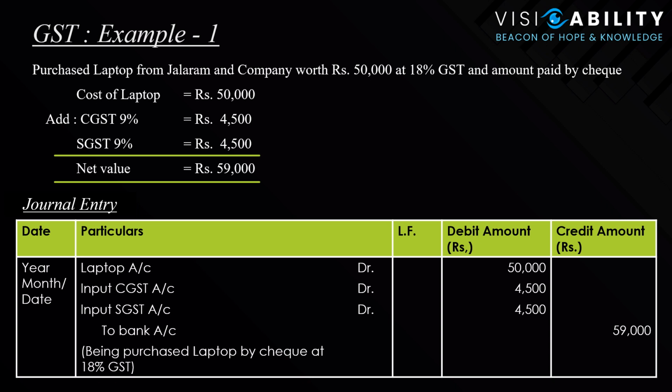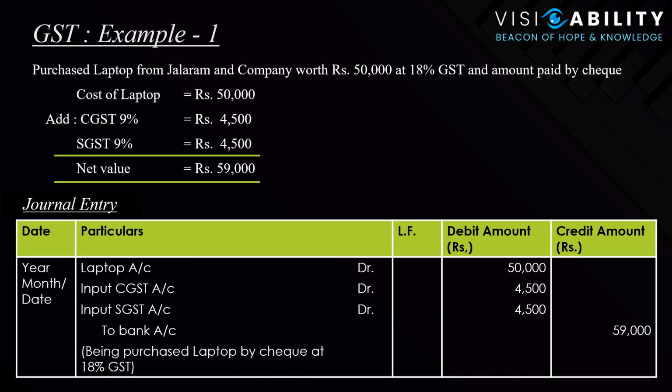It would be given to you in the problem. So you just have to calculate the percentage given to you on the amount for that particular transaction. Like here, it's already been given that 18% is being charged for the laptop, which has a basic cost value of 50,000.